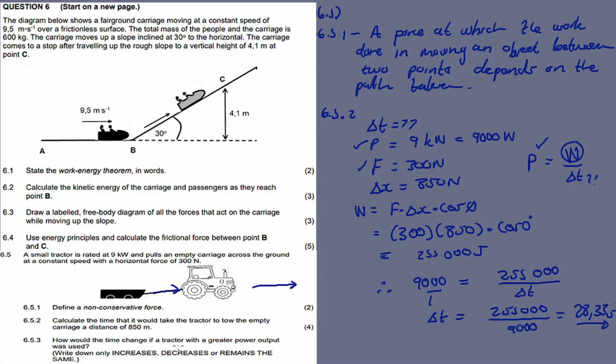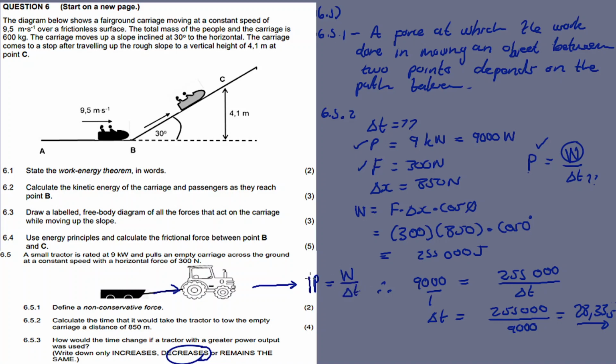And I believe we should also explain. The question paper does not ask for it, but our answer should be decreases, because power is equal to work done over time.